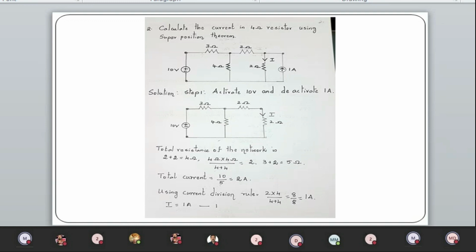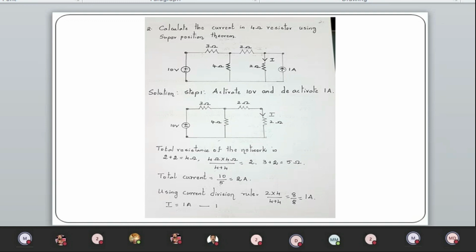That's why superposition is very important. In a simple statement, linear input gives linear output, that is, V is proportional to I. As the voltage increases, the current should also increase, provided resistance is constant.